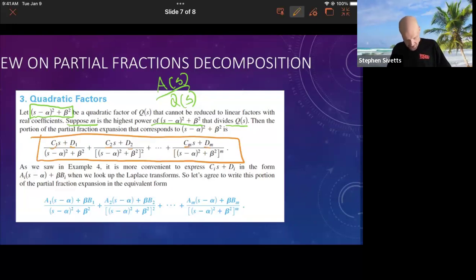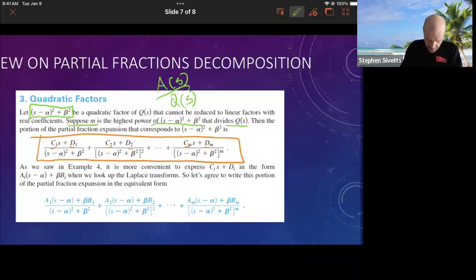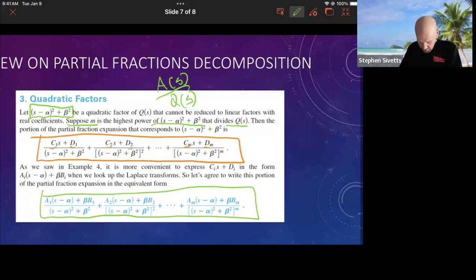Okay, and then another way to write out this partial fractions decomposition, you can write out like this. But somehow I prefer to use this method.